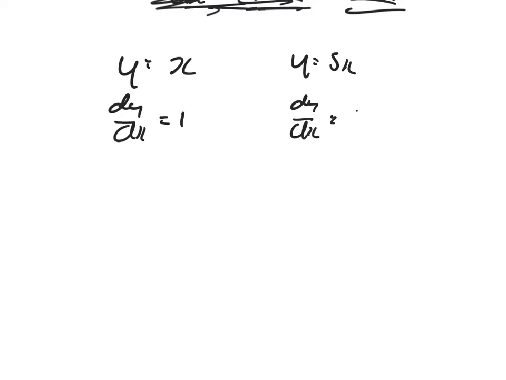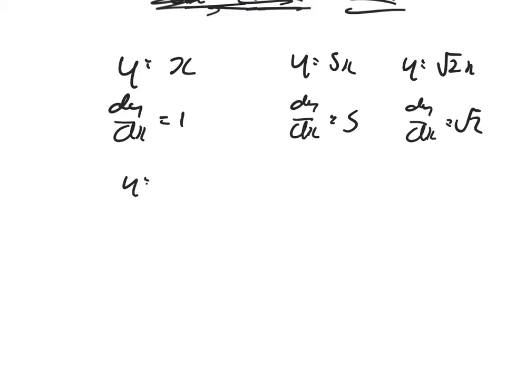Okay, just a brief aside. Remember that when you differentiate x, you get 1. If you differentiate 5x, you get 5. If you differentiate root 2x, you get root 2.